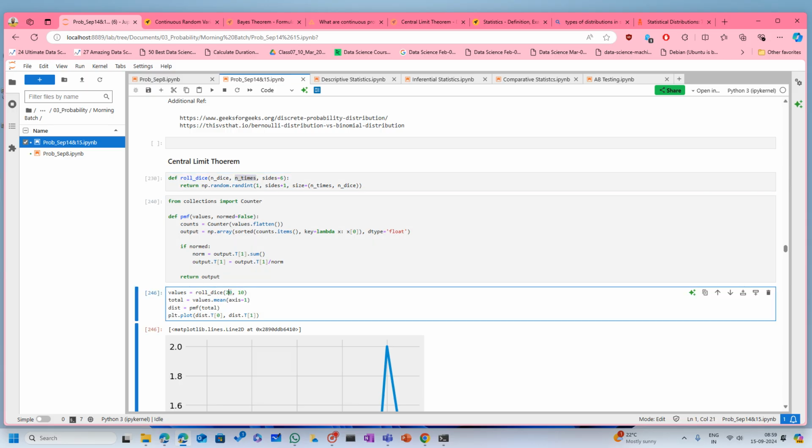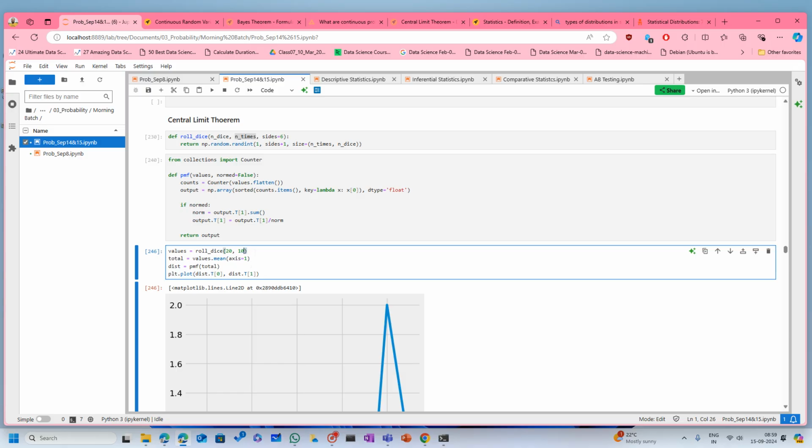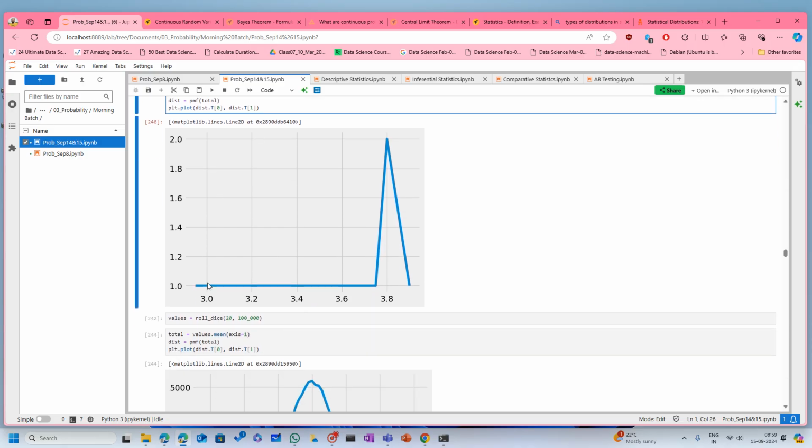Sorry, so when you roll the dice 10 times, what is the likelihood that the sum would be 20? That is what we are calculating. If you notice, the values are not normal.